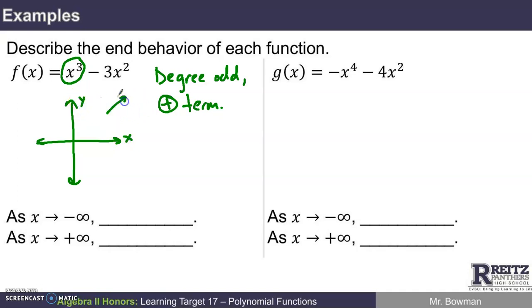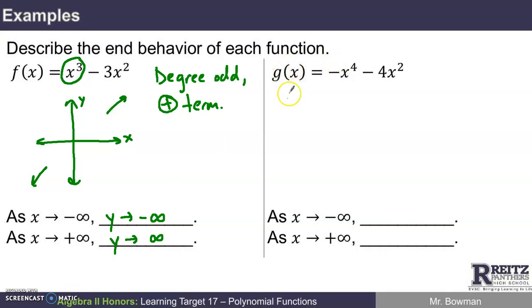It has big positive y's when I have big positive x's, and big negative y's when I have big negative x's. So, as x approaches negative infinity, the y's are approaching negative infinity as well. As x approaches positive infinity, the y's are approaching positive infinity as well. So there we go. This is the end behavior.